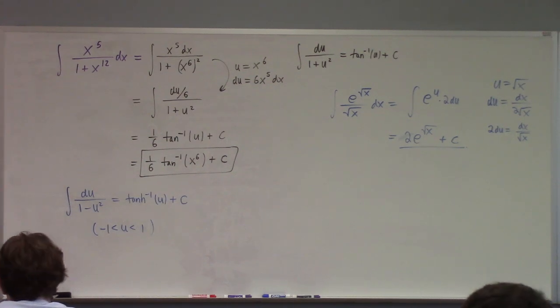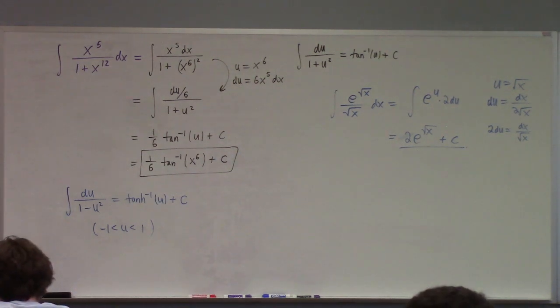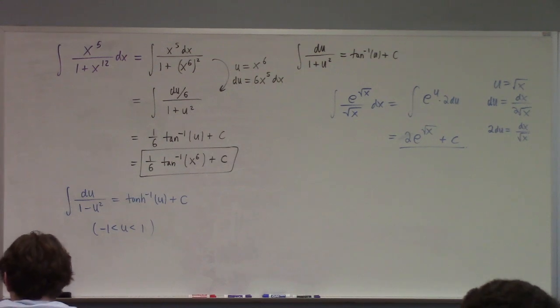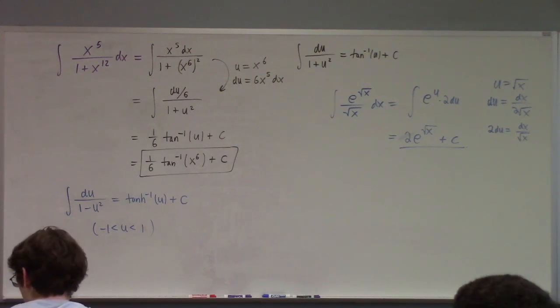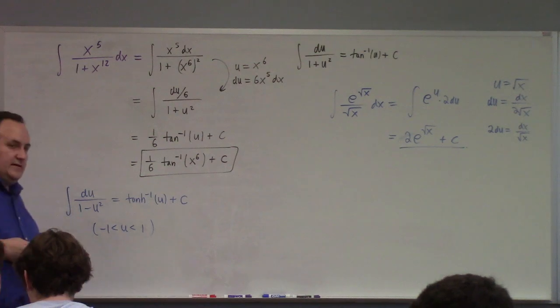Other questions? How to start off with 337? Oh, that's just FTC3. You just need to apply FTC3 for 337. So look back at what we talked about before. Fundamental Theorem of Calculus Part 3.